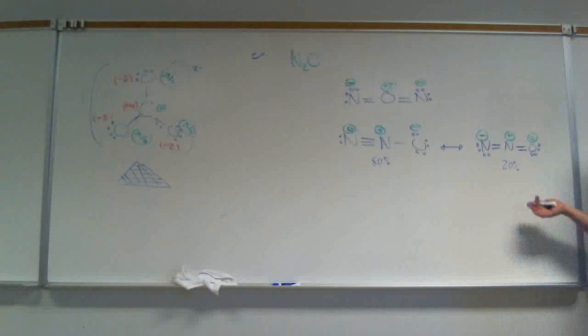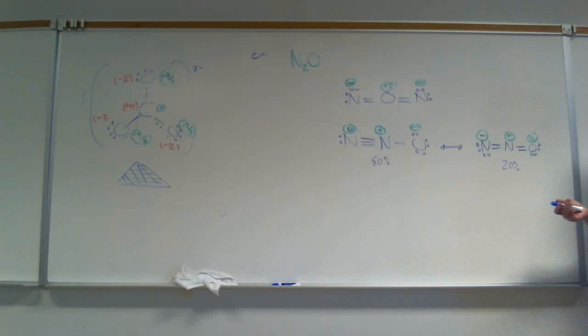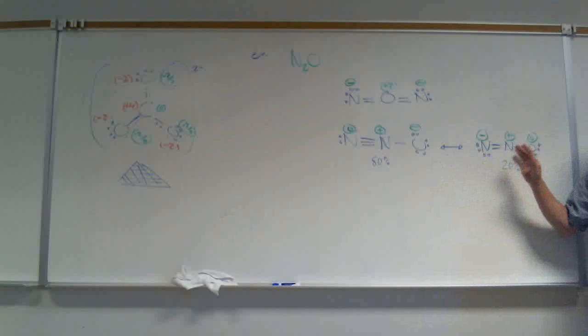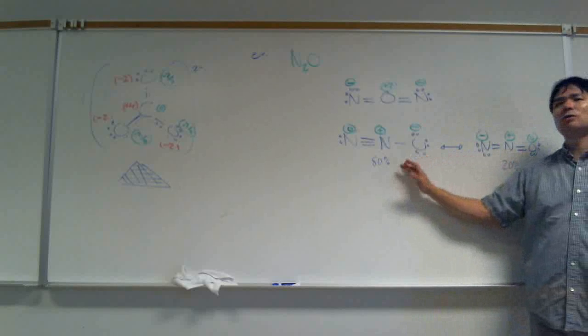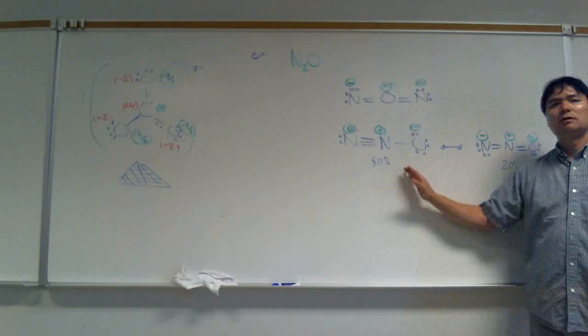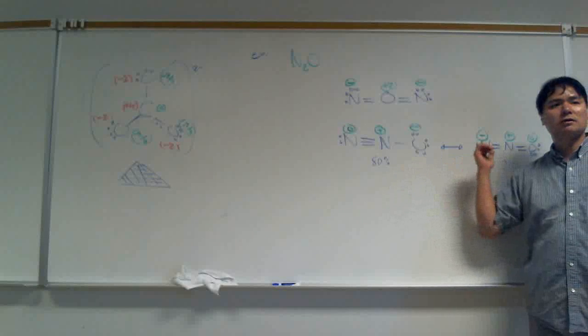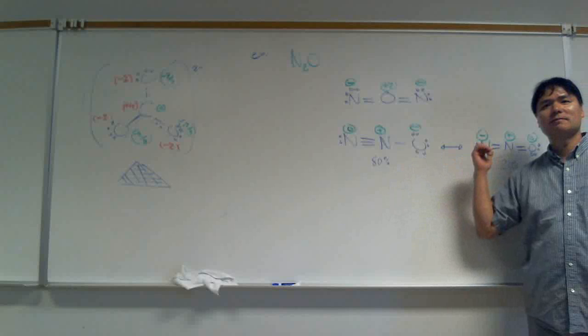Do you see what I'm saying here? And so what we have is inequivalent resonance forms. So the hybrid is going to be a mix of it, but it's going to be a biased mix towards this structure than this. Does that make sense?